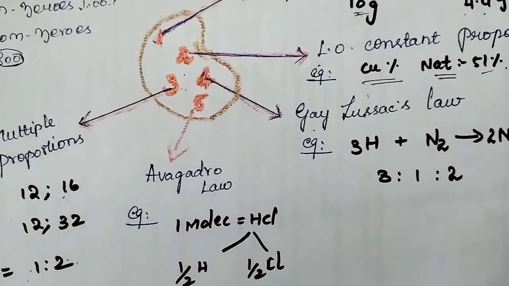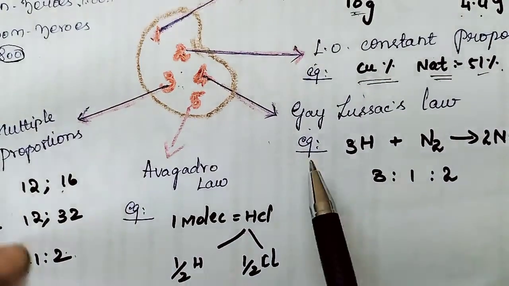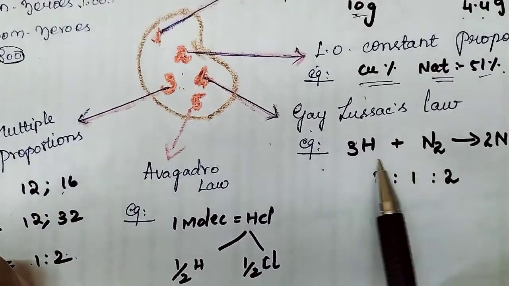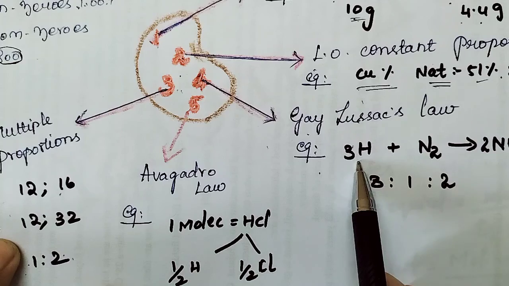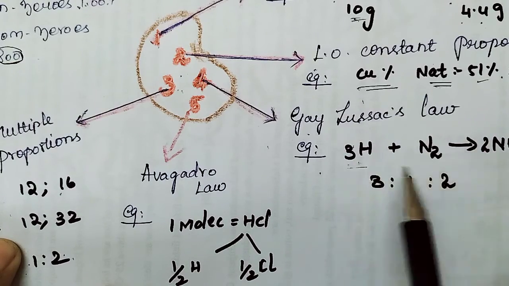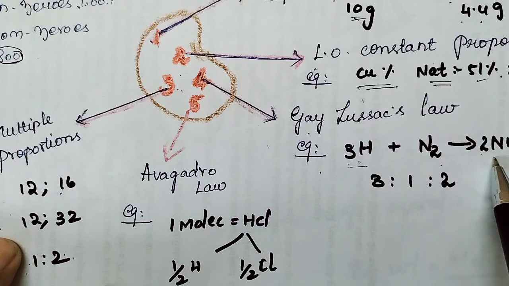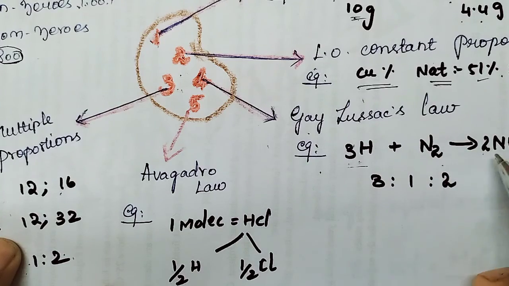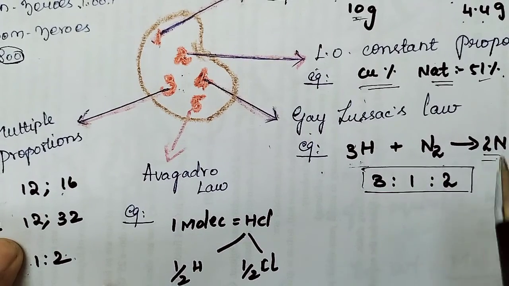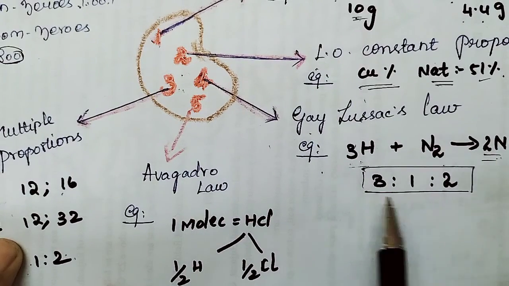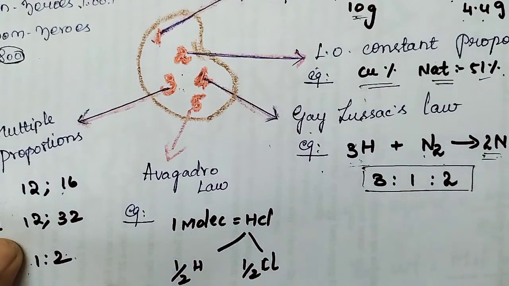The fourth component of this germinating seed is Gay-Lussac's law. He says something similar: if 3 moles of hydrogen combine with nitrogen to form 2 moles of ammonia, then the volumes will be in small whole number ratios.